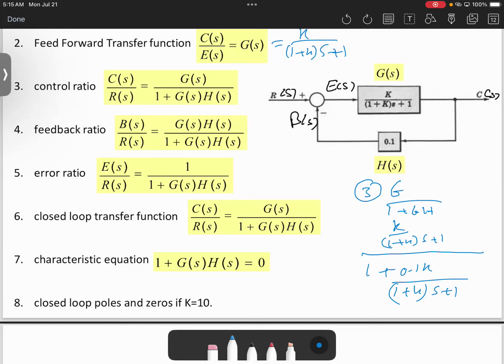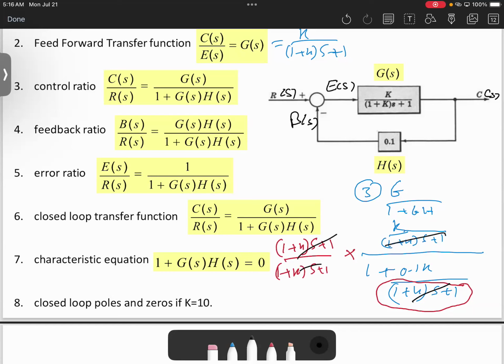Look at the common factor here. I need to make the coefficient of this one 1, so I'm going to multiply by 1 plus K S plus 1 divided by 1 plus K S plus 1. This one will cancel this one, and this one will cancel this one.